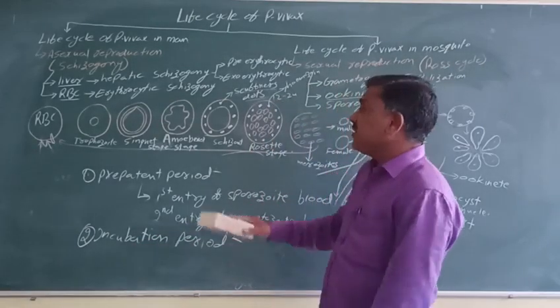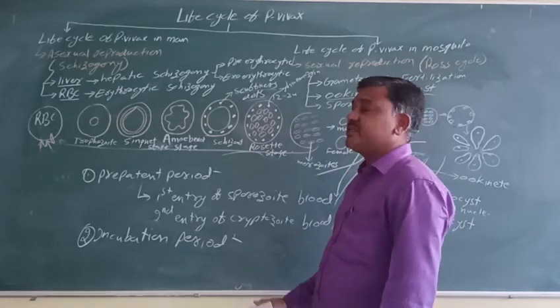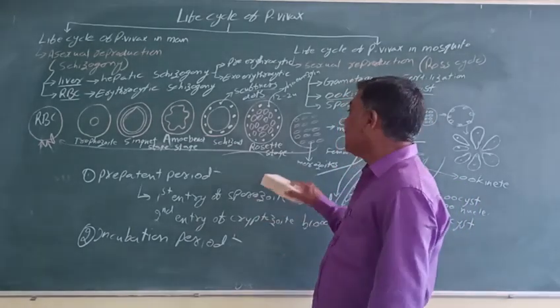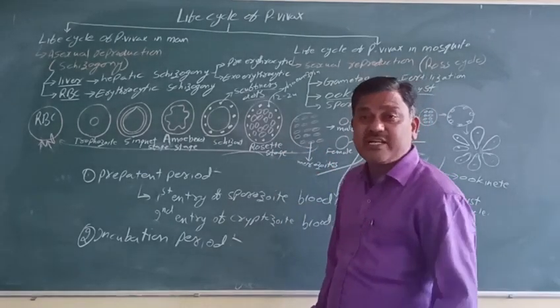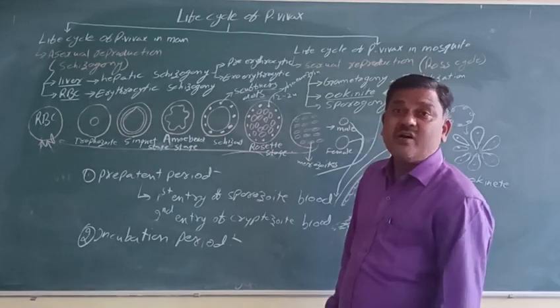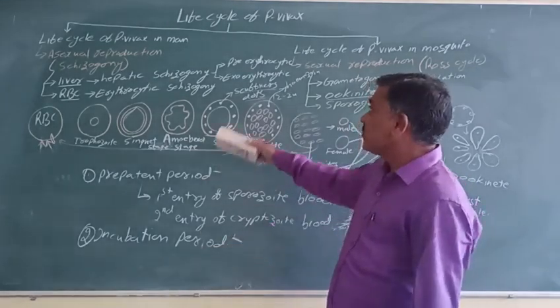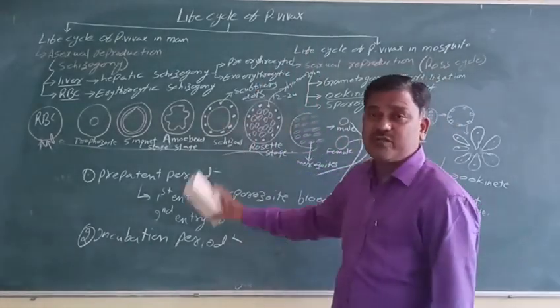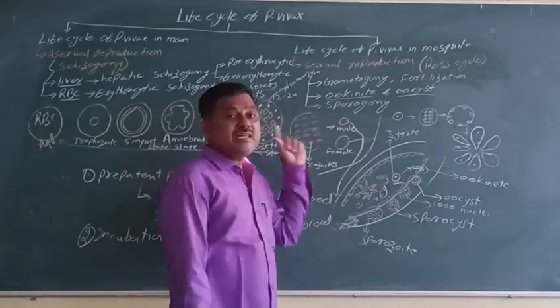Okay, so every 48 hours or every 3 to 4 days, there is bursting of RBCs, which is responsible for giving rise to the symptoms. That is the cold stage, hot stage, and sweating stage. So this is the life cycle of Plasmodium vivax in mosquito as well as in man.